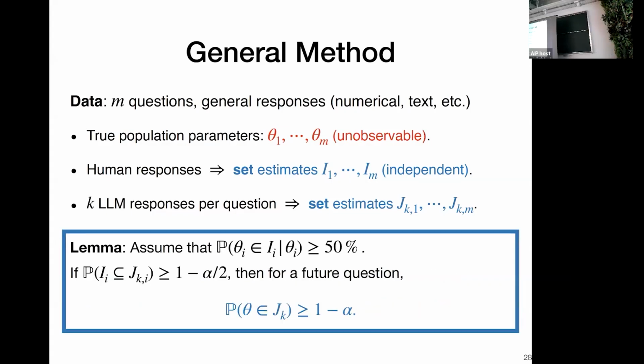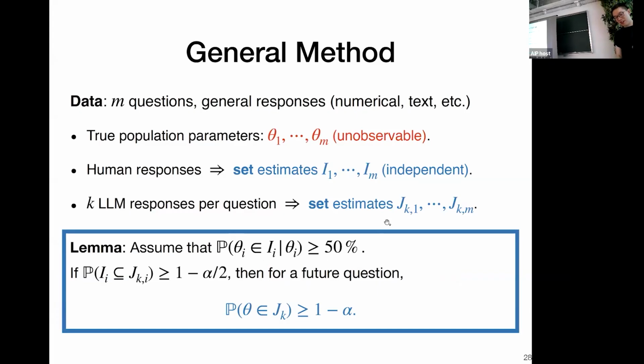So here's some guarantee. It's an extension of the previous results. Let's first assume the real confidence sets you construct have at least 50% coverage. You can definitely do this because the real data is unbiased. So there are statistical ways to do this. Suppose this is true.